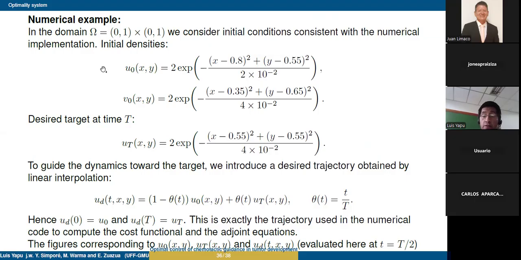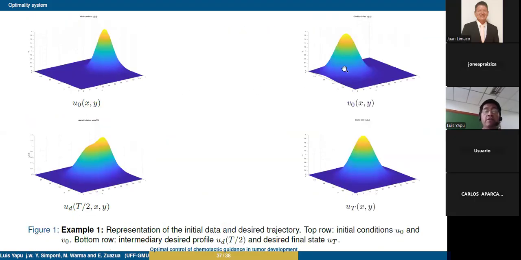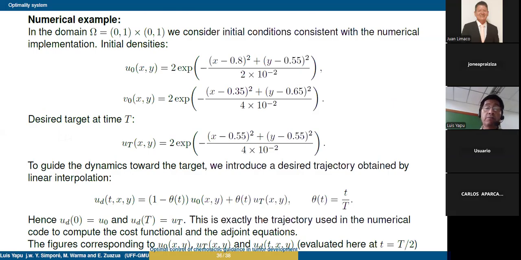Those are the U0, this Gaussian U0, and this is the Gaussian V0. After half time, we have the solution U. And at the final time, we have this form for U. So this is only an illustration of the method for this toy example.